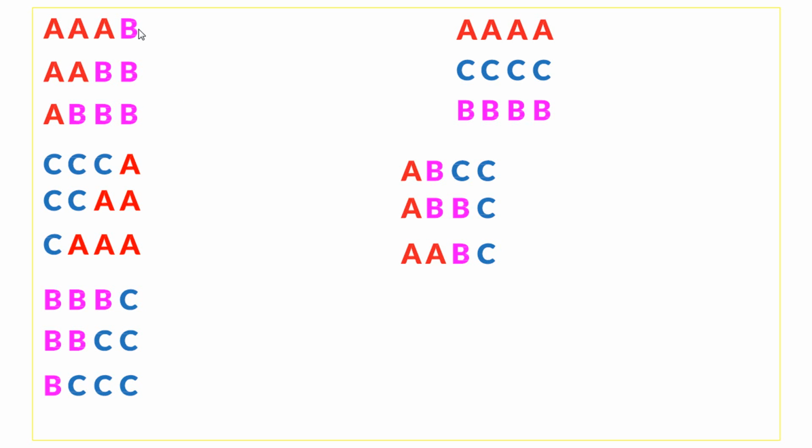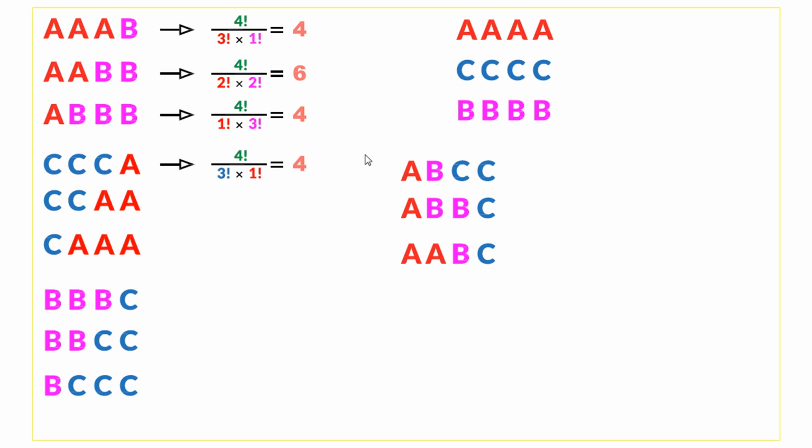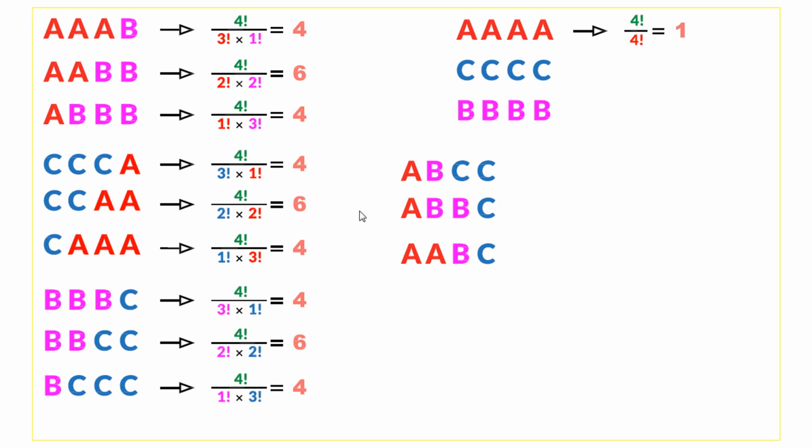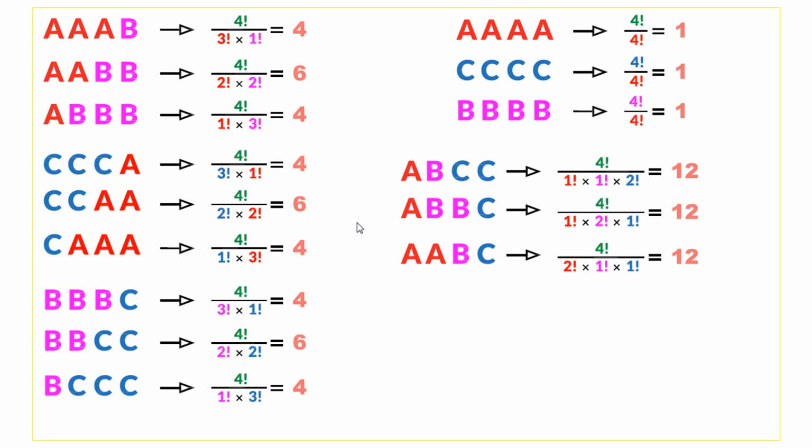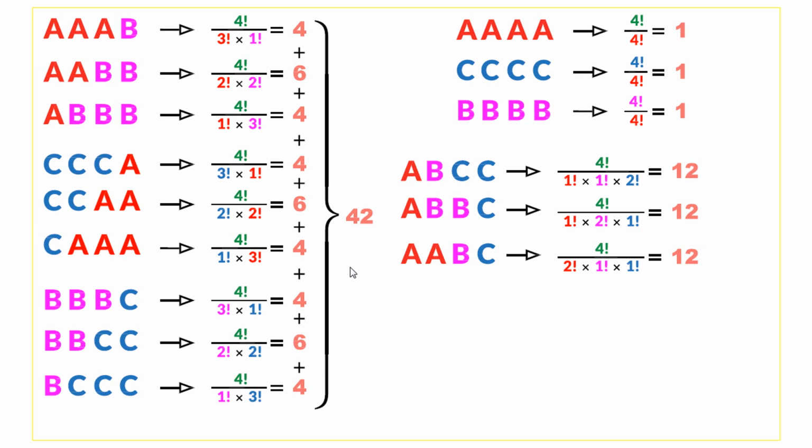Now let us write the total number of permutation for each word. So for this word here we have this permutation in order, and for this word we have this permutation, and so on until we finish all of them. Now we add this permutation together and we get 42.